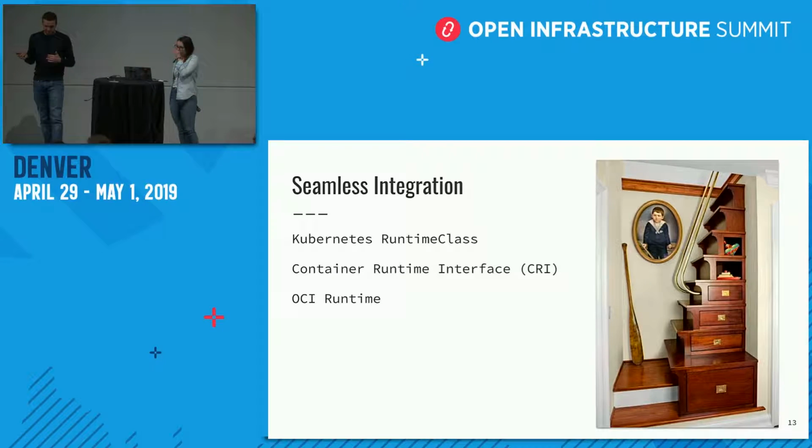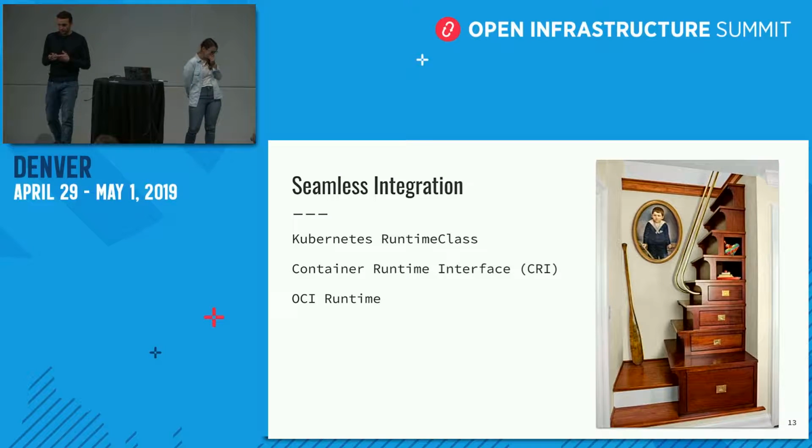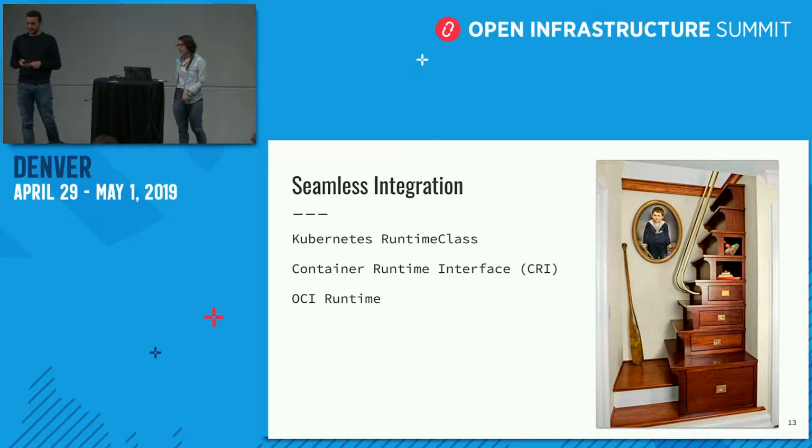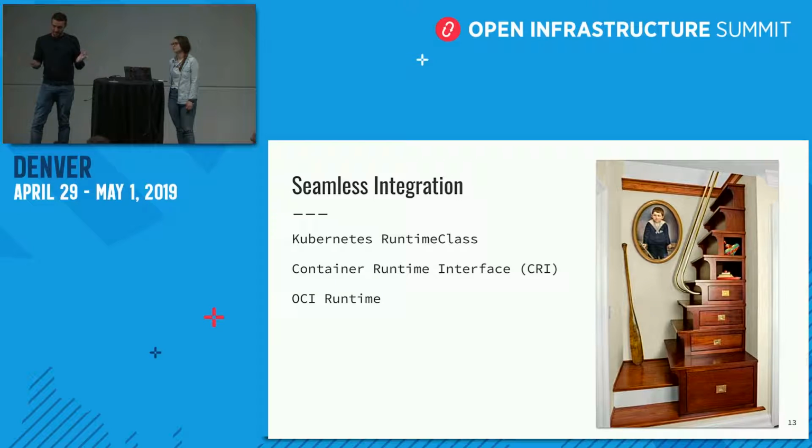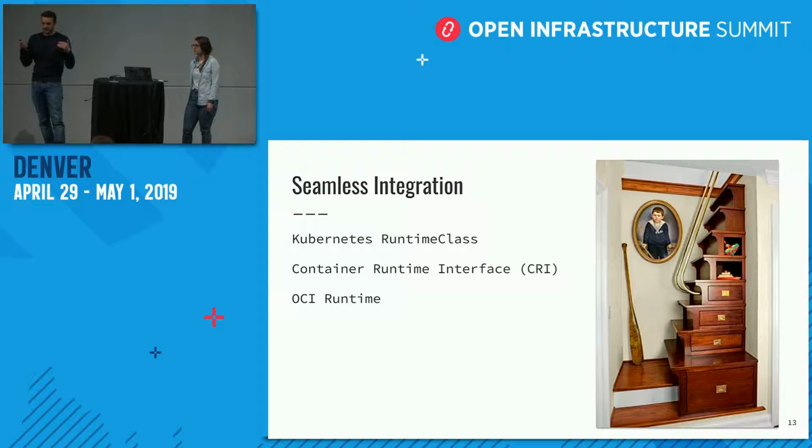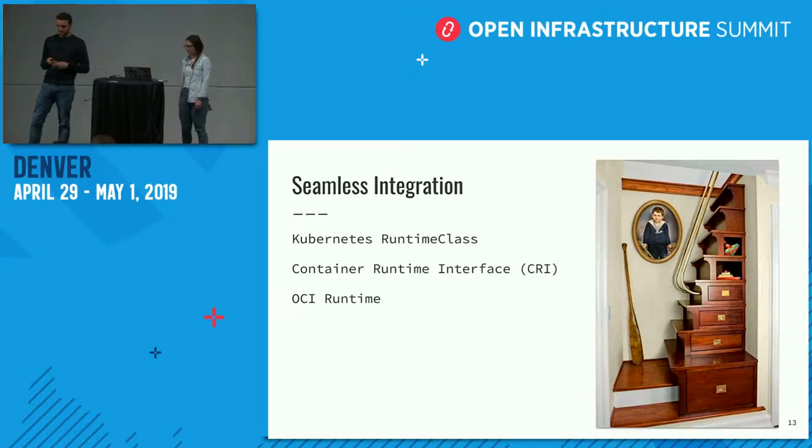So there are many ways you can do this, and we worked on many levels of the container software ecosystem. You can do that from the container runtime interface from Kubernetes. There is, and I'm going to talk about this a little more, a runtime class that you can define to select which runtime you're going to use, and depending on the runtime, you're going to add a different isolation layer. The concept of virtual machine is now embedded into the OCI runtime specification.